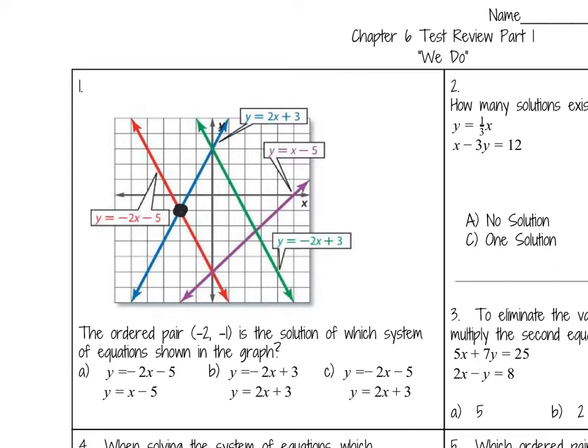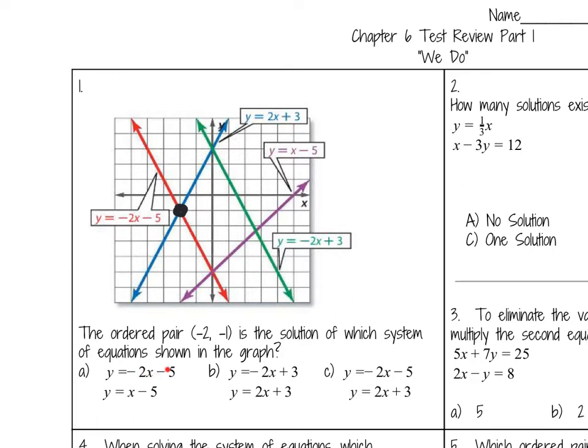So now I'm finding the equation of the two lines. The blue line is y equals 2x plus 3. The red line here, y equals -2x minus 5. So now we look for the answer that has those two equations, -2x minus 5 and 2x plus 3.